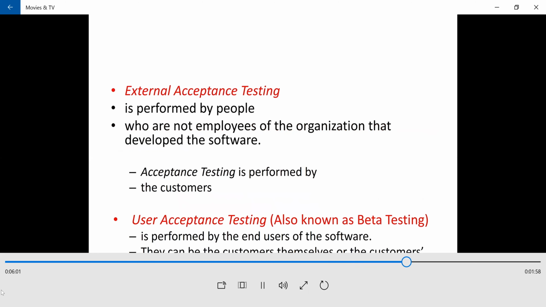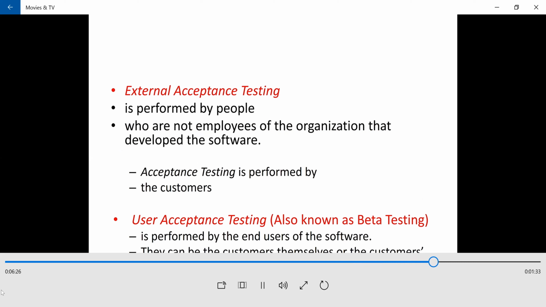External acceptance testing is performed by people who are not employees of the organization that developed the software. It is performed by the customers. This is user acceptance testing, also known as beta testing.